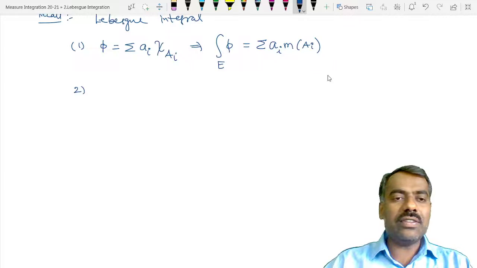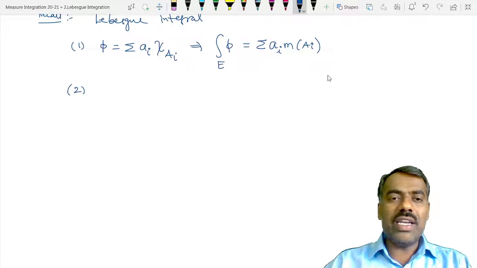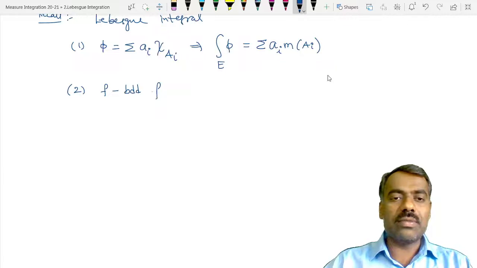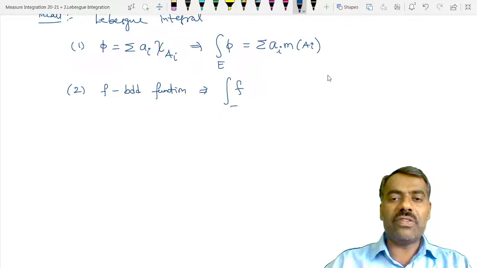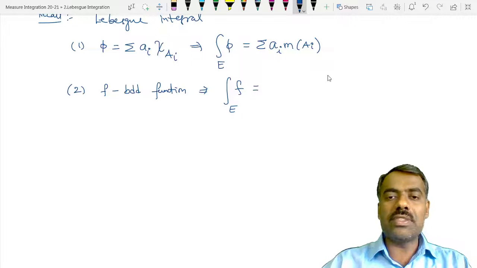Then second, we have defined integration for a bounded function. Of course, every time we are taking measurable functions. For a bounded measurable function f, how is the integration of f over E defined in terms of simple functions?